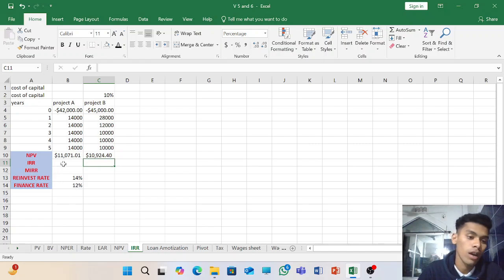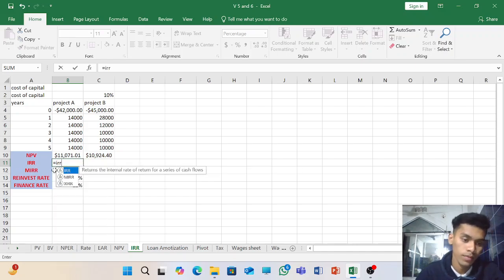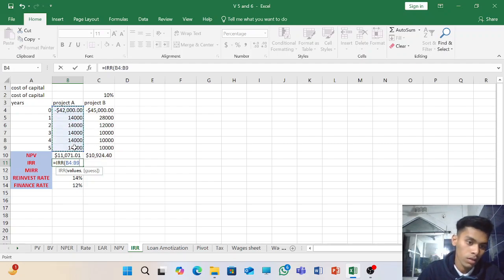Okay, so now we calculate the IRR, that means the internal rate of return. First of all, equal IRR, double click, and then the value, and then bracket close and enter.